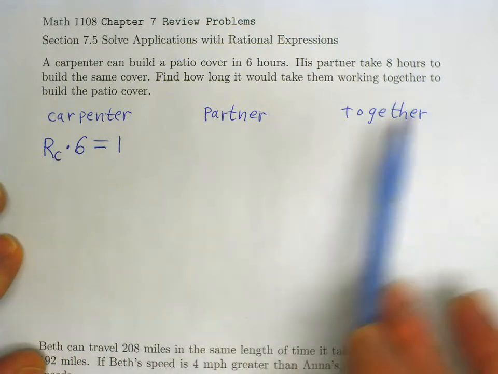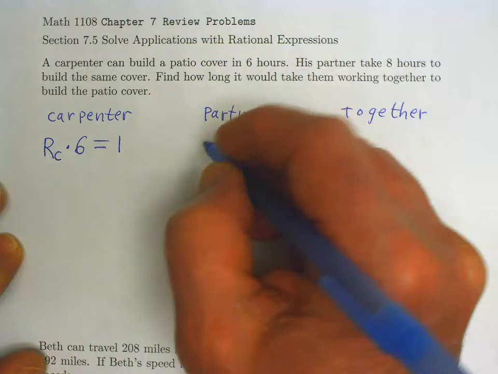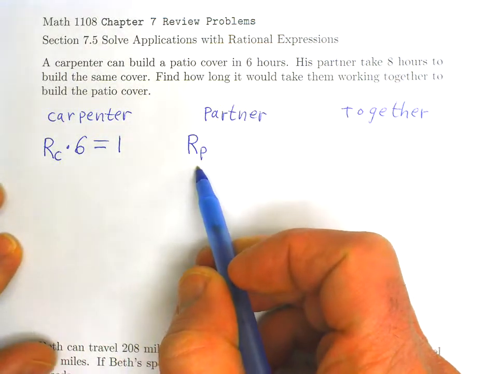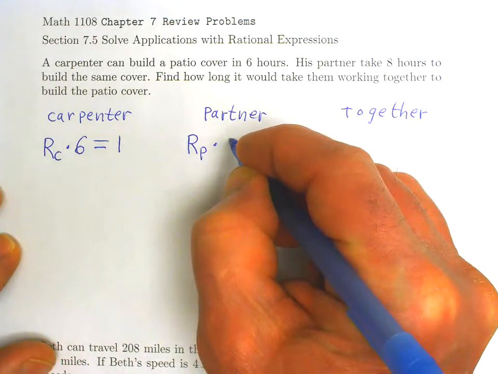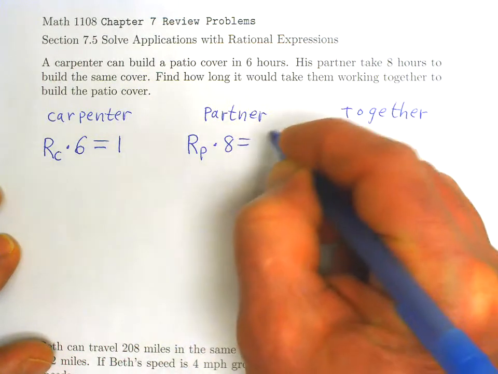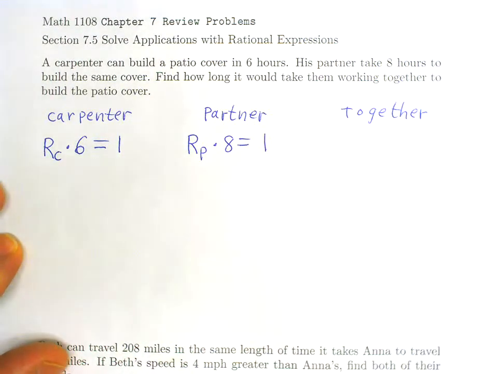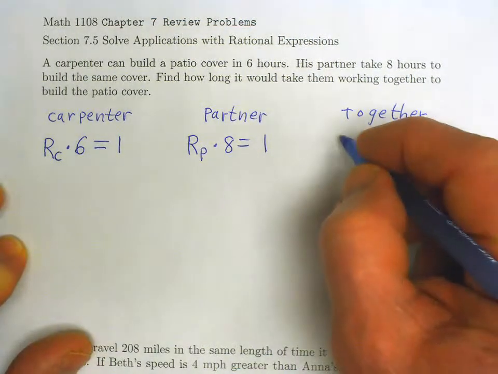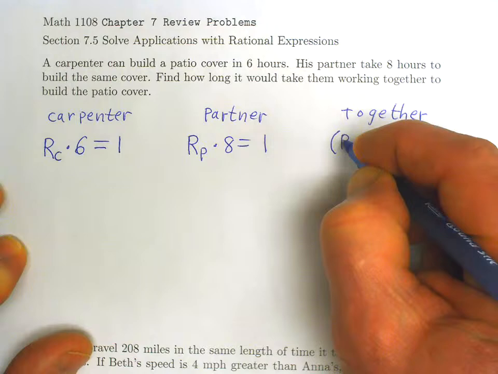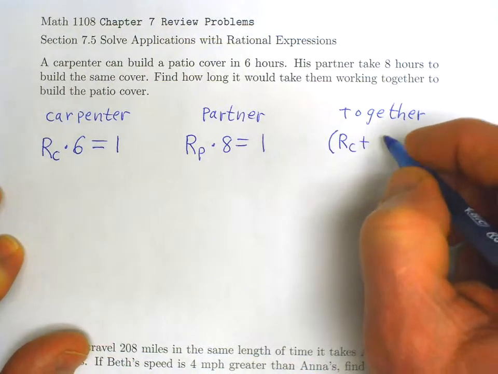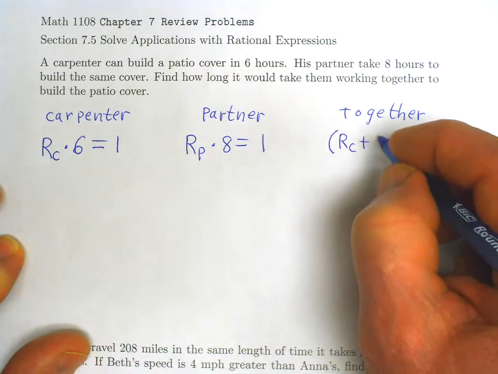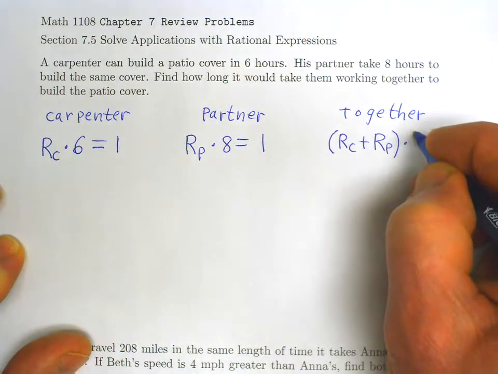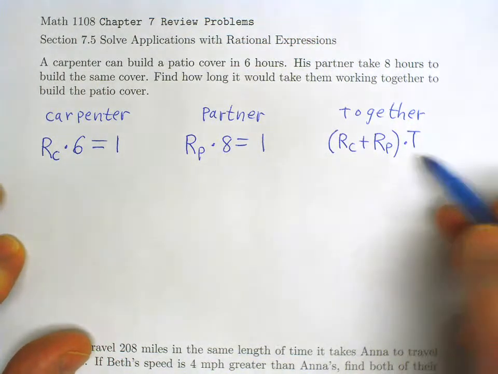The partner takes 8 hours by himself. So the partner works at a certain rate. I'll label that R sub P. And in 8 hours, he can build 1 patio cover. And we can use that information to determine how long it takes them when they work together. So the carpenter's rate plus the partner's rate times, I'll call it T, equals 1.